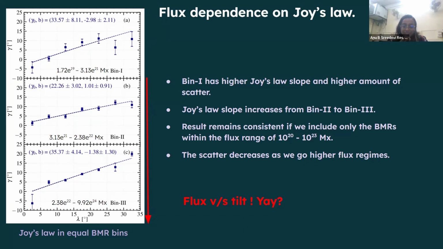I would just decrease the number of question marks, because it needs much more rigorous analysis. This analysis only involves solar cycle 23 and 24 and part of 25, which are both a bit weaker cycles with fewer strong, big BMRs. So we need a strong cycle with much richer data and much more rigorous analysis to confirm this.